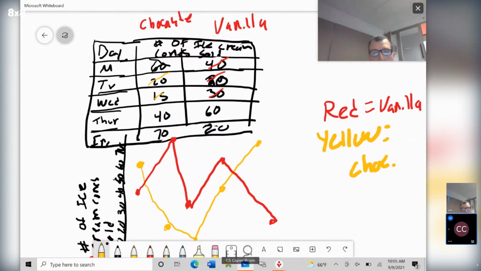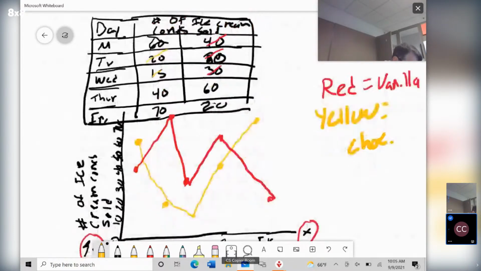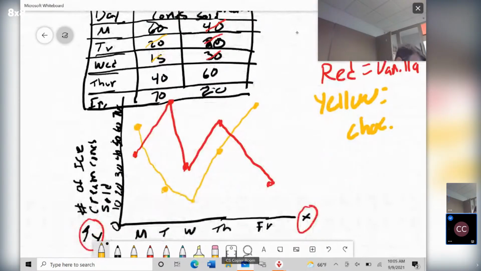So just by looking at this graph, on certain days, like if we went down and looked at Tuesday, Tuesday was the day that the most vanilla cones were sold. And then we look down here and we can say Friday was the least amount of vanilla cones sold. So Friday's the least amount of vanilla cones sold. Tuesday was the most. Just a couple data points.